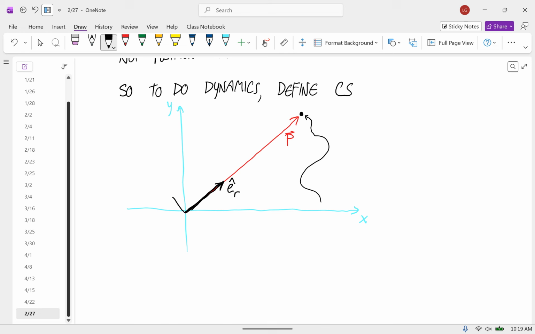And then perpendicular to that, we're going to call this the E theta axis. And our position vector then in this coordinate system is equal to R times ER.